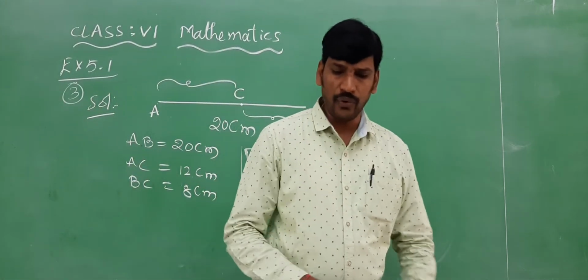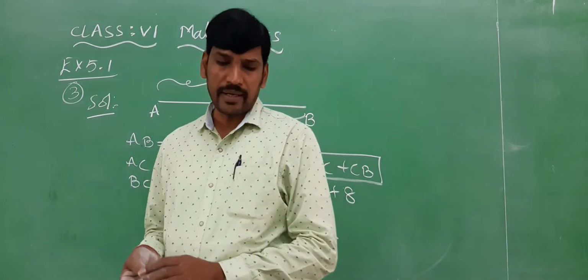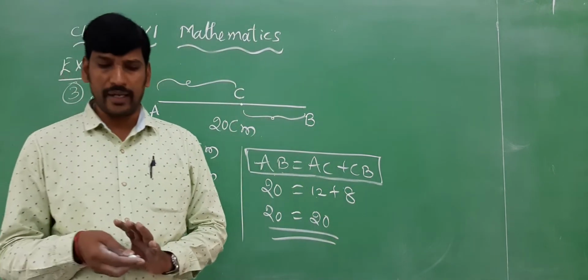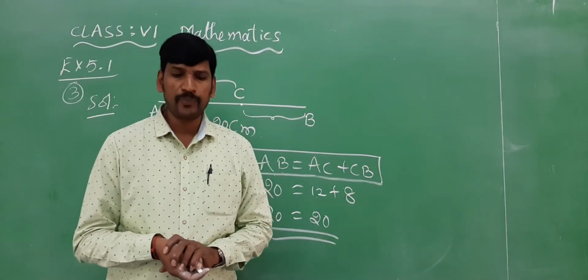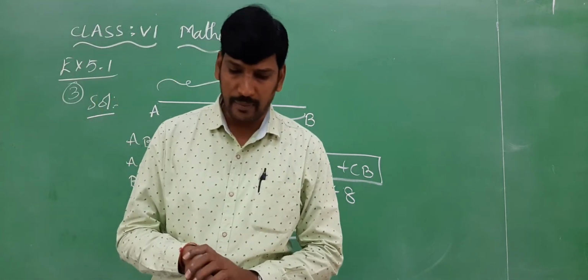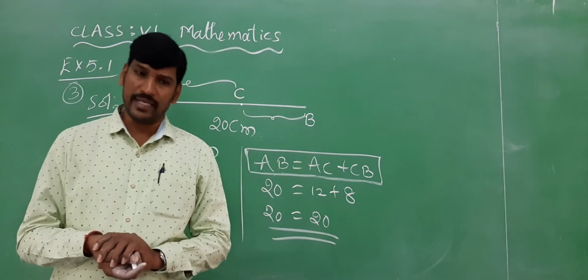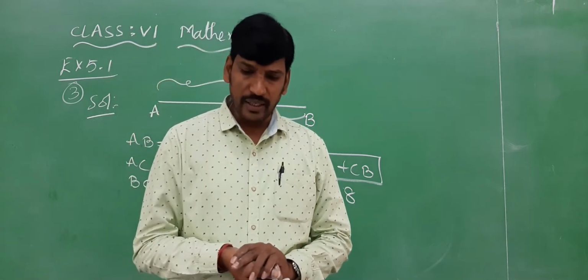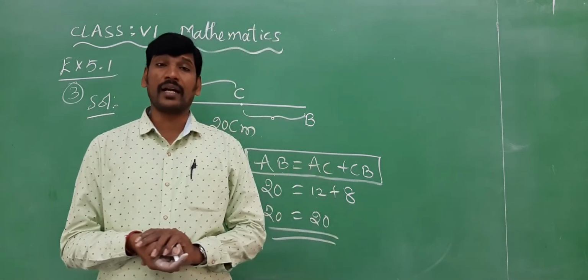Right, come to question number 4 here. If A, B, C are 3 points on a line such that AB is equal to 5 centimeters, BC is equal to 3 centimeters, and AC is equal to 8 centimeters, which one of them lies between the other two?